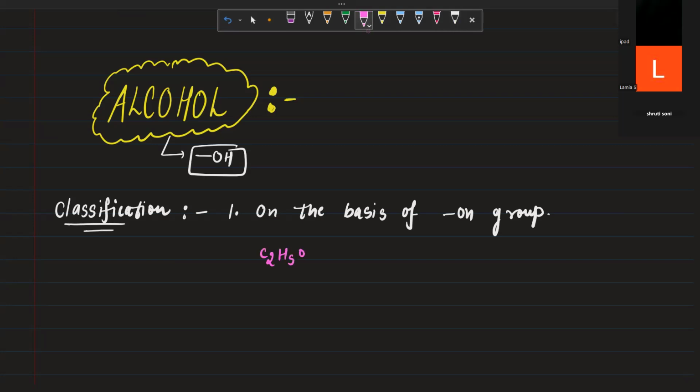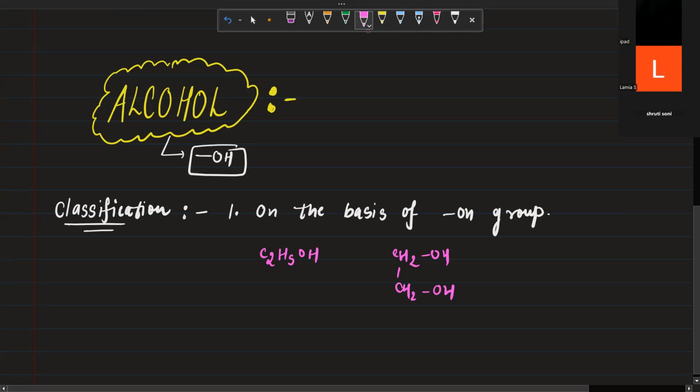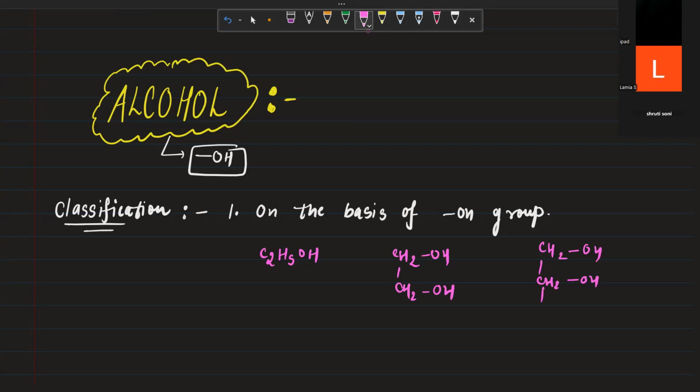How many OH groups does this carbon have? There's only one, right? One alcohol group. So the first is known as monohydric.